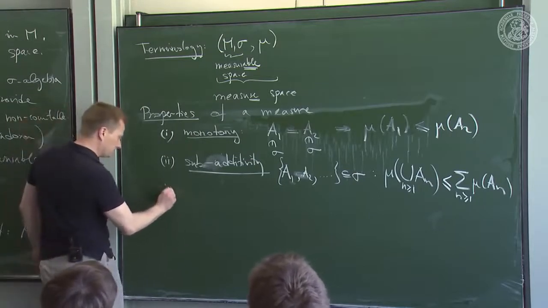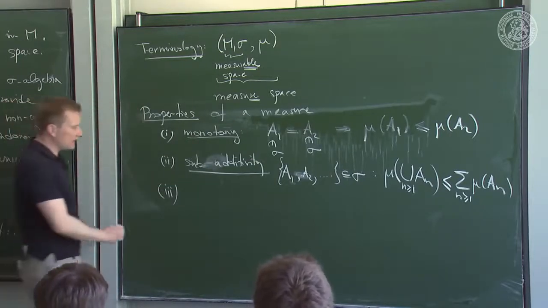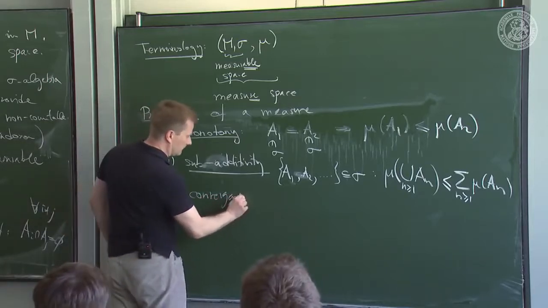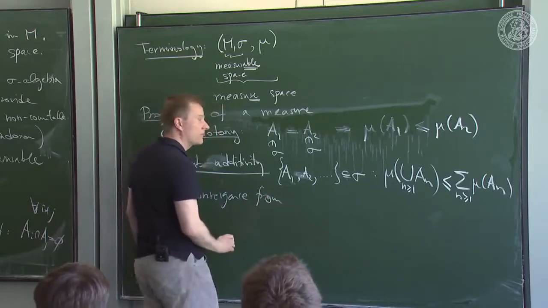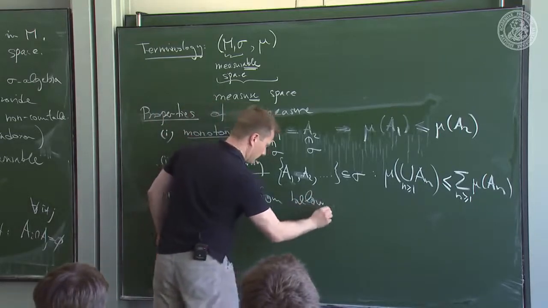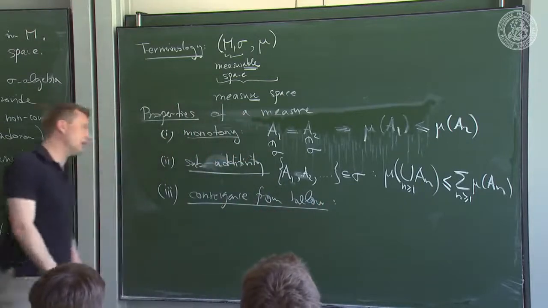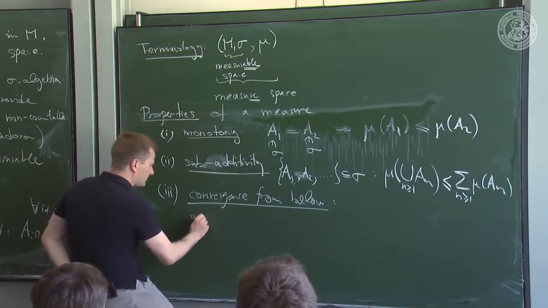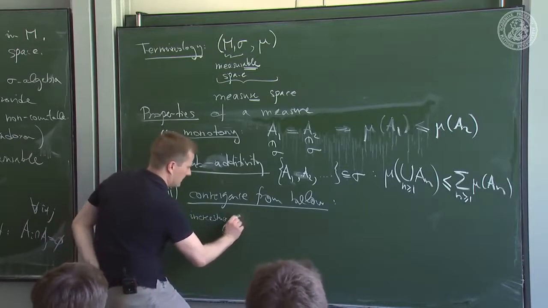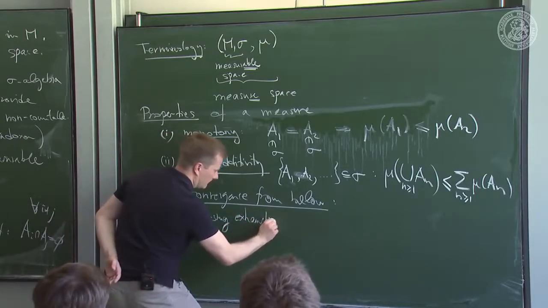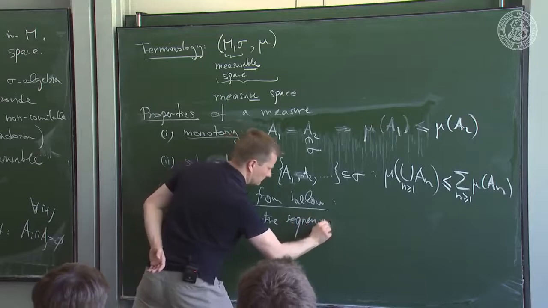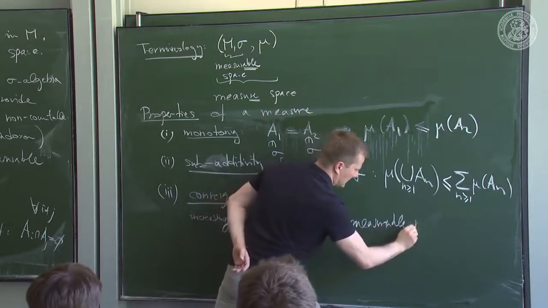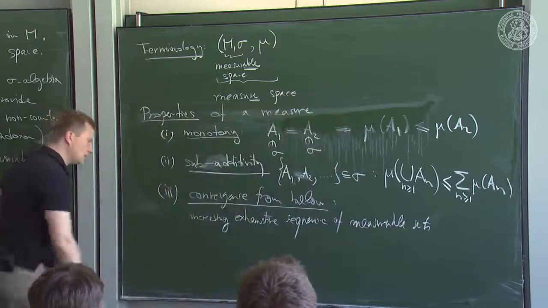Third, we have something that we call convergence from below. Assume you have an increasing, exhaustive sequence of measurable sets. That's a very important construction tool.